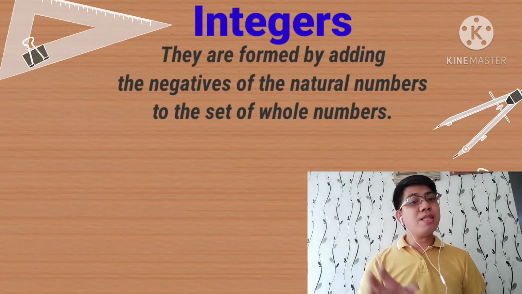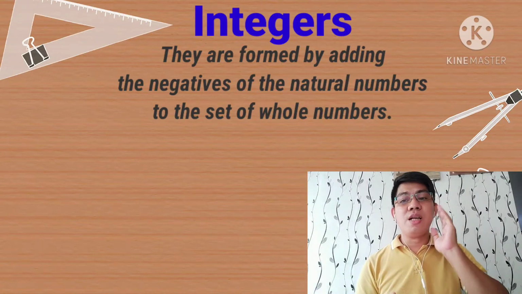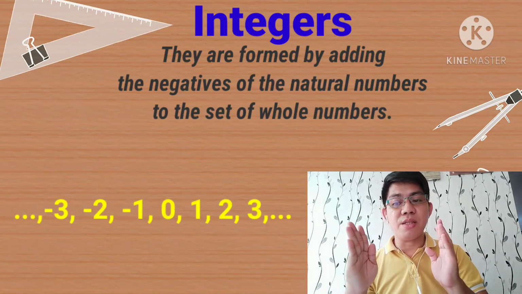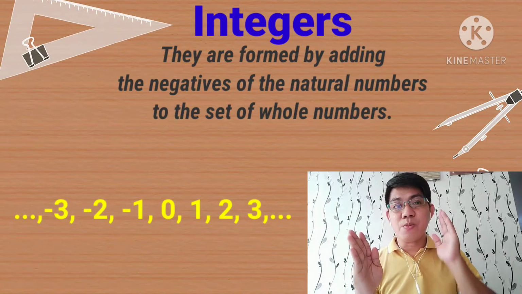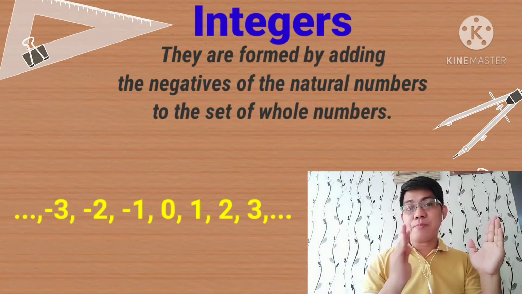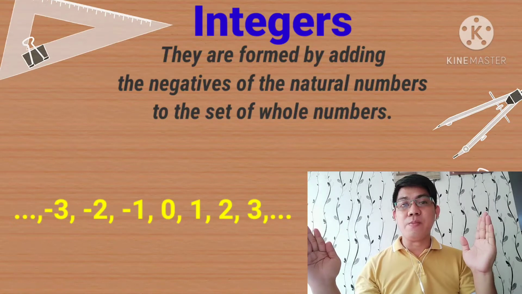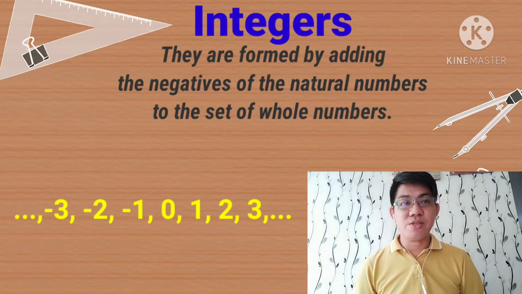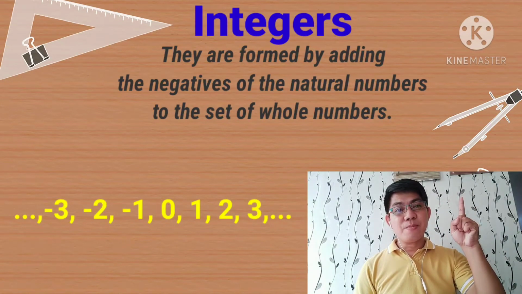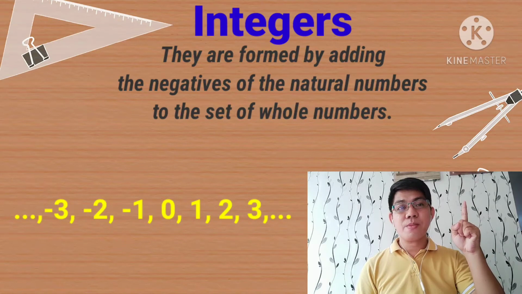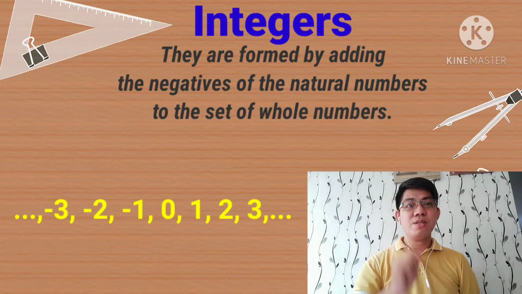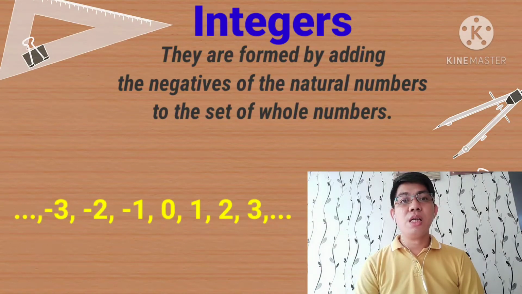Kapag dinagdagan pa ng negative natural numbers, kapag meron tayong positive natural numbers and negative natural numbers together with 0, ang tawag na natin doon ay integers. Wag malilito mga kabasic.